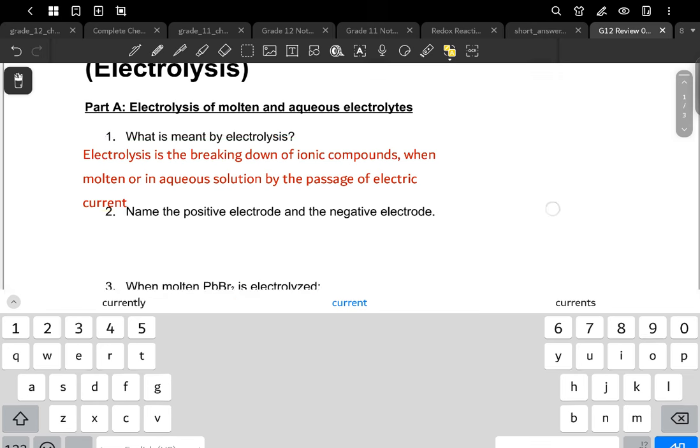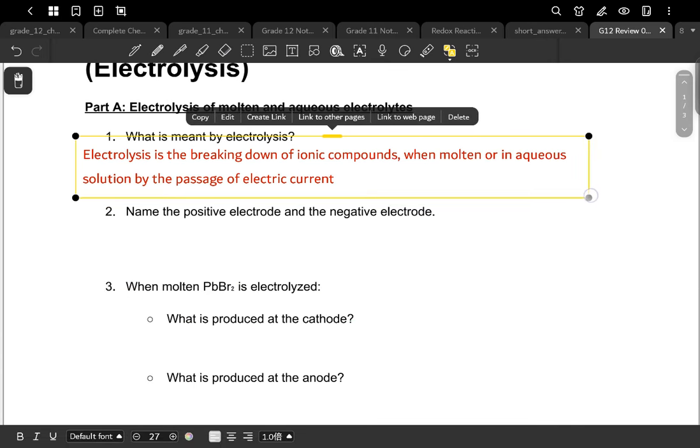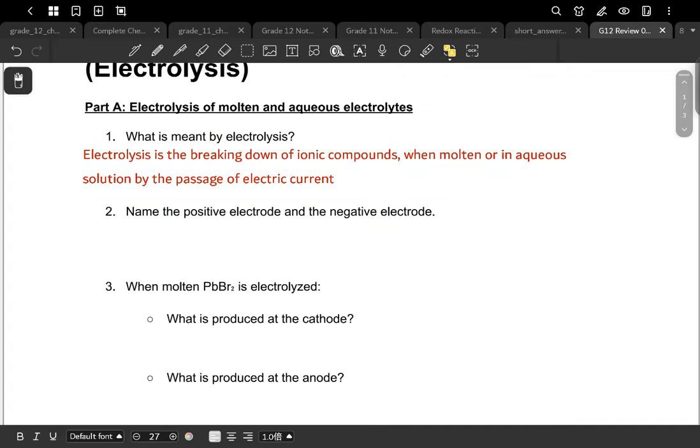So this is the definition of electrolysis: breaking down of ionic compounds when molten or in aqueous solutions by the passage of electric current.